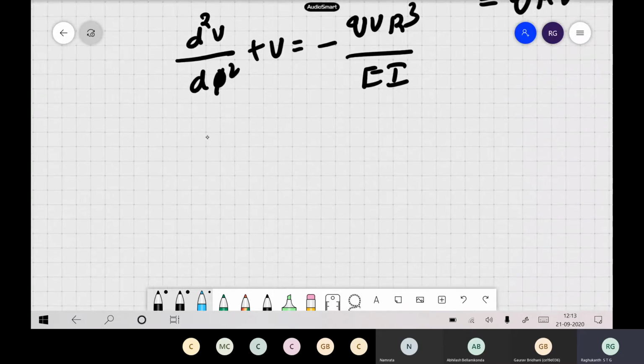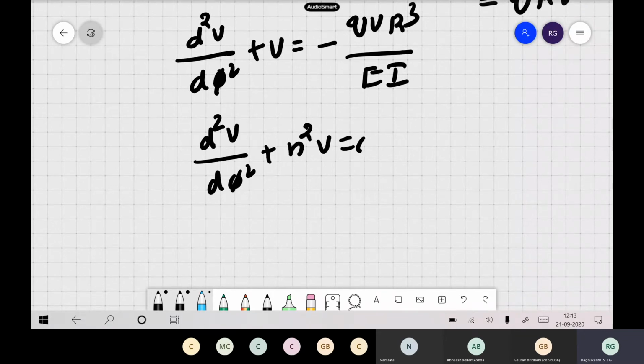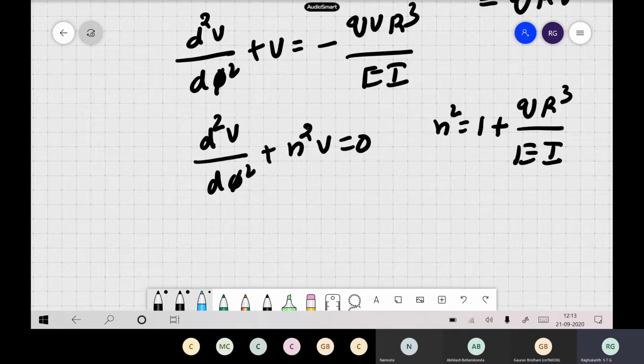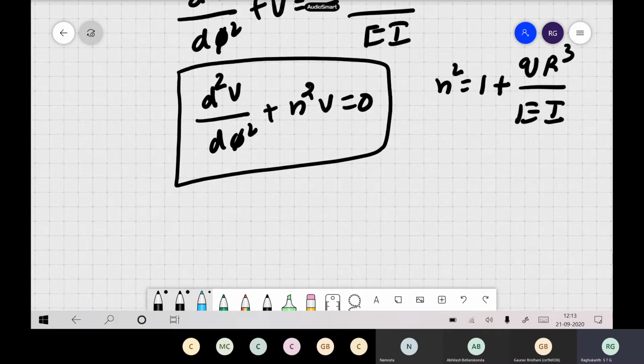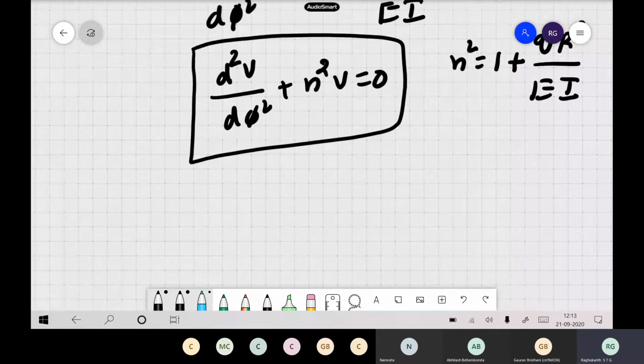Or we can also write this as d square v by d phi square plus n square into v is equal to 0, where n square is equal to 1 plus q r cube by EI. This is our expression for this hinged arch under uniformly radial loading.